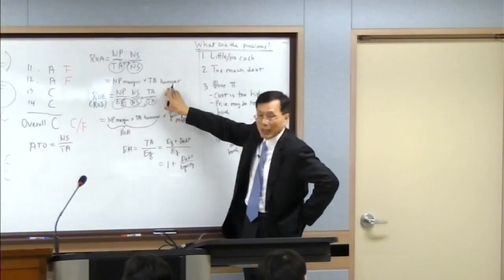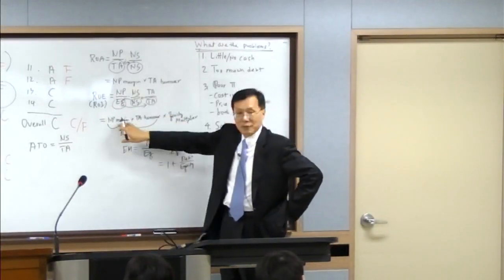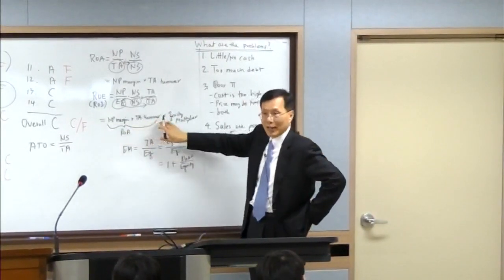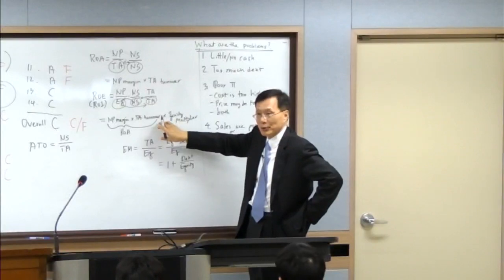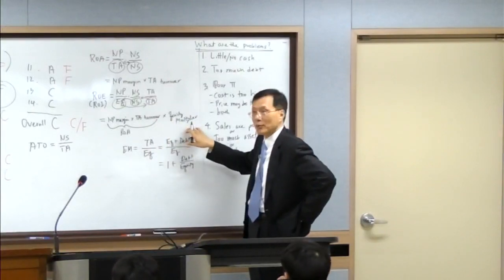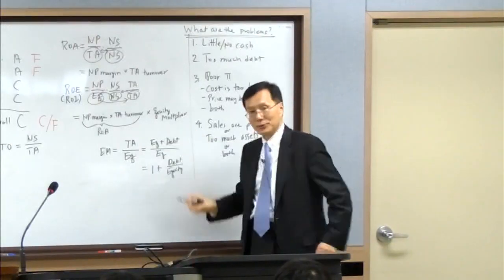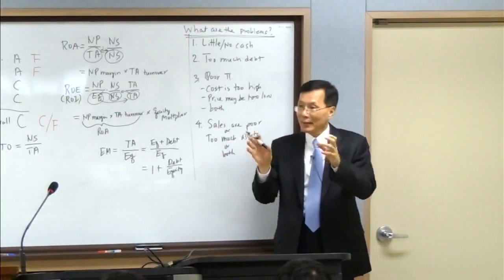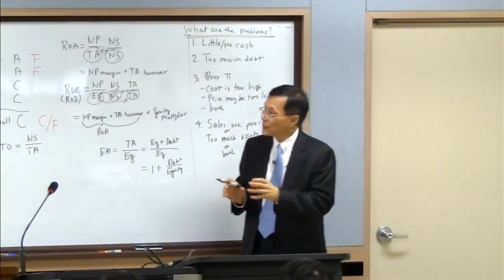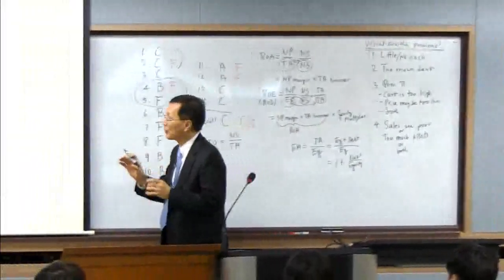So ROE has three components: profit margin, the activity ratio of total asset turnover, and 1 plus the leverage ratio, 1 plus debt to equity ratio. So the three components are multiplied together. So this is, in a sense, a composite measure.